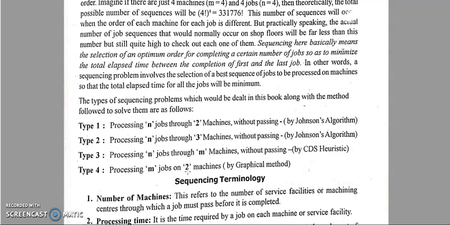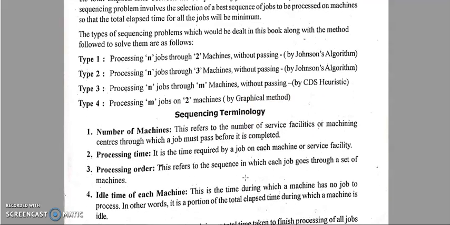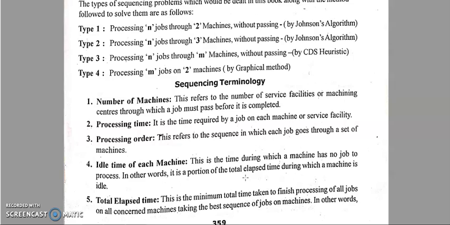Here one sequencing terminology is there. We have 5 definitions which are important to solve the numericals. First is the number of machines. Number of machines refers to the machines in the production sector which are serviceably available, which are in good working condition.